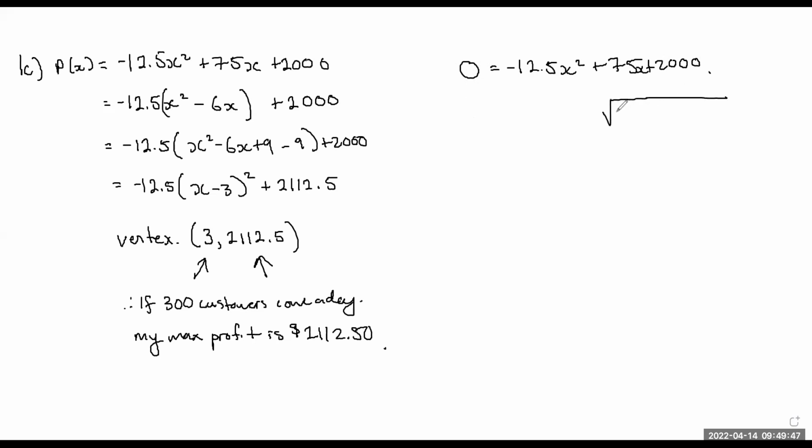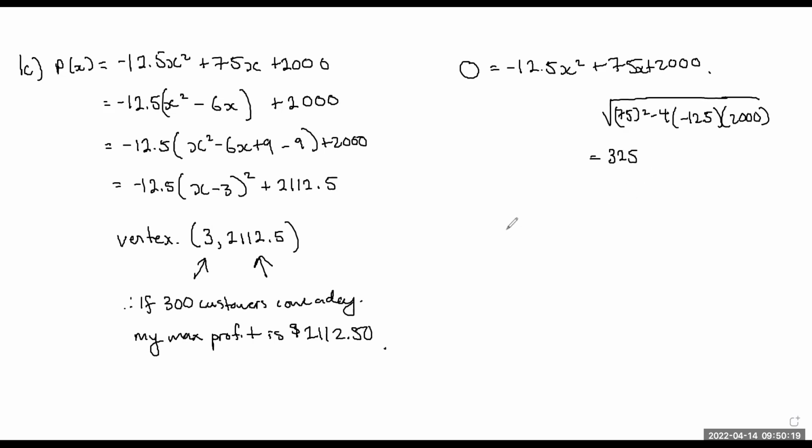It saves you a lot of time. B squared minus 4 times A times C. So 75 squared minus 4 times negative 12.5 times 2,000. Square root of that is 325 on the dot.